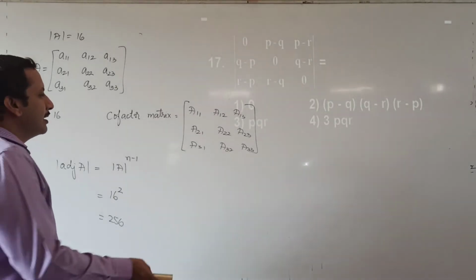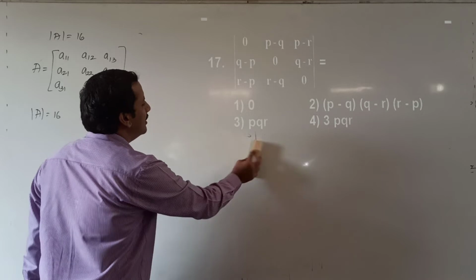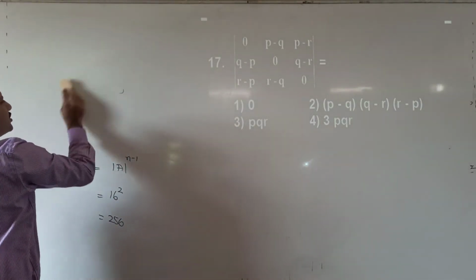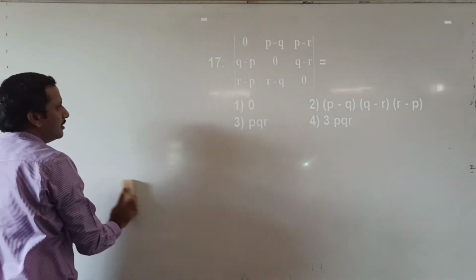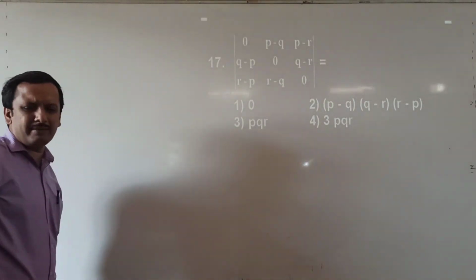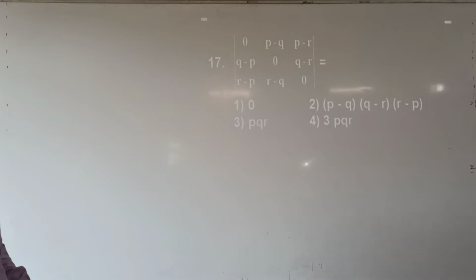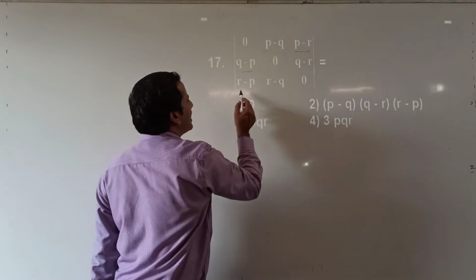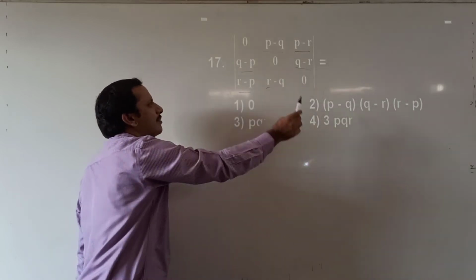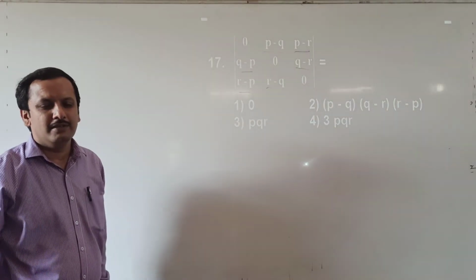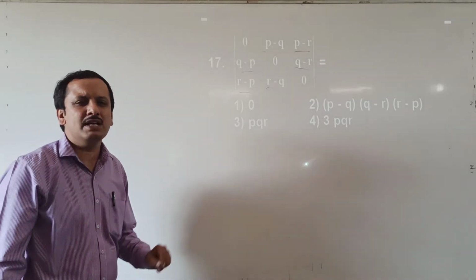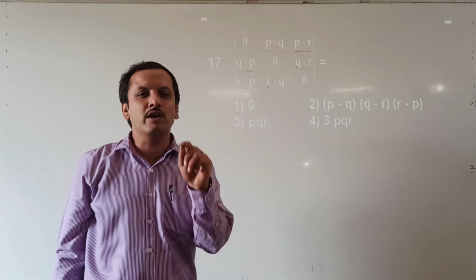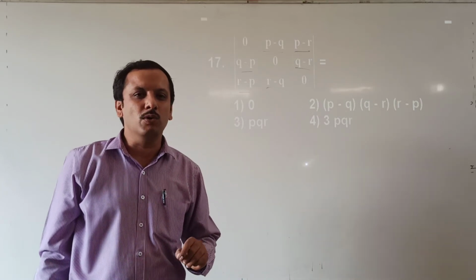Then look at this determinant. This value we have to find out. 0, p minus q, p minus r, q minus p, 0, and so on. You just observe the diagonal elements are zeros. And the non-diagonal elements you just check. Here we have p minus q, here q minus p, p minus r, r minus p, q minus r, r minus q. They are the negative of each other. So that means this is the determinant of a skew symmetric matrix. Determinant of a skew symmetric matrix of odd order is 0.